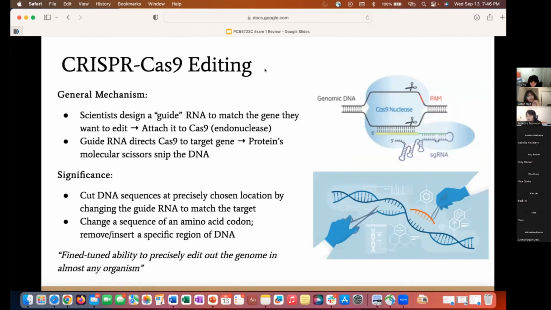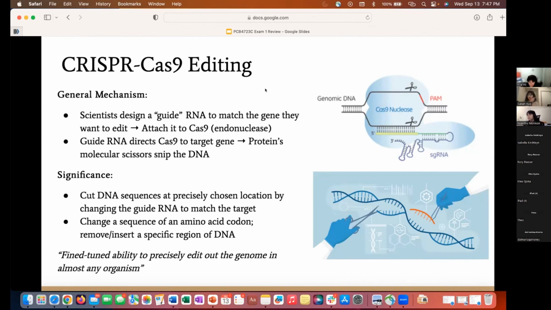Next slide. And for the last reverse approach that you should really know, it's related to CRISPR-Cas9 editing. You don't really have to know the exact mechanism, but I'll provide a little bit of a basis. In terms of this mechanism, scientists determine a gene that they want to target and edit, and they design a guide RNA that binds complementary to that gene of interest, right?